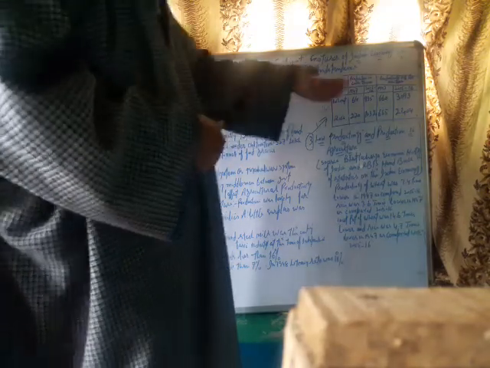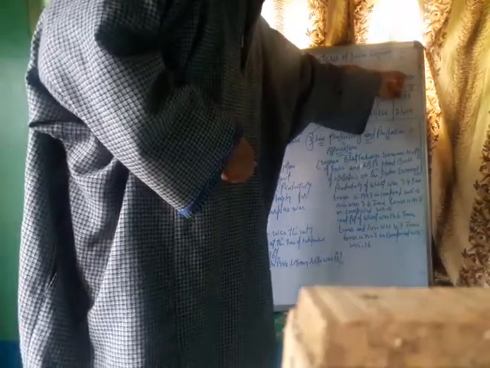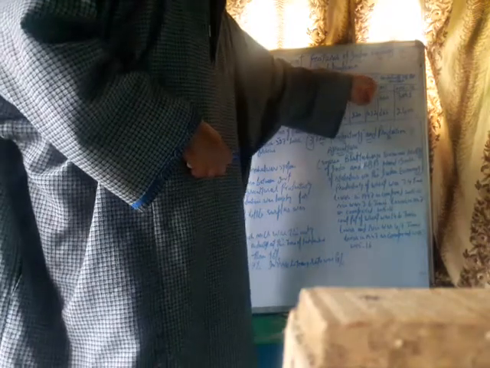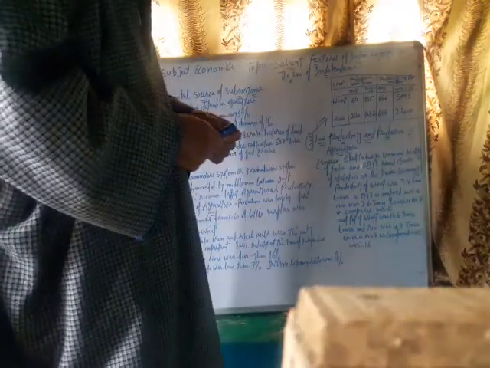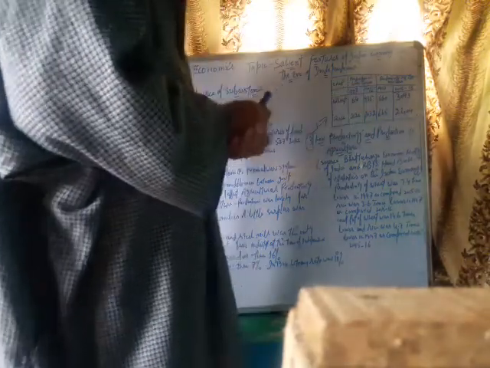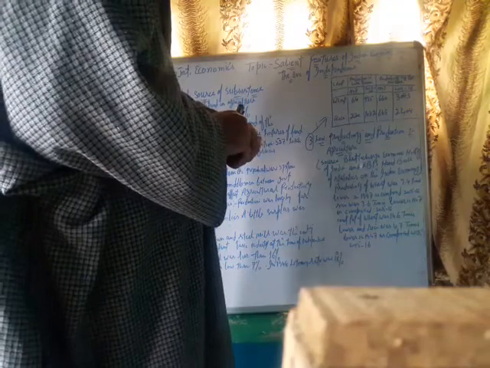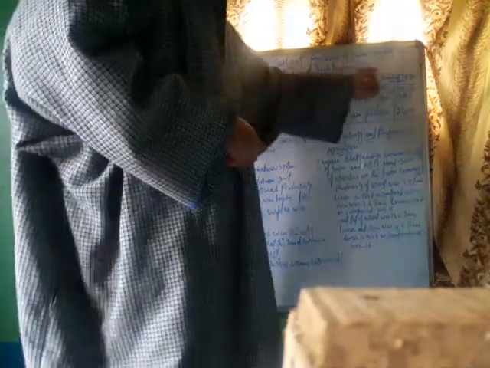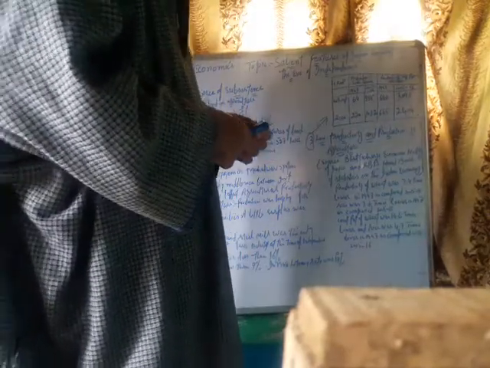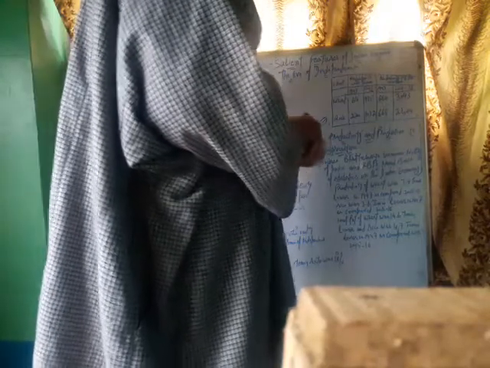Now let's come to the productivity, in kg per hectare. In 1947 it was 660 kg per hectare, whereas in 2015-16 it is 3093 kg per hectare.